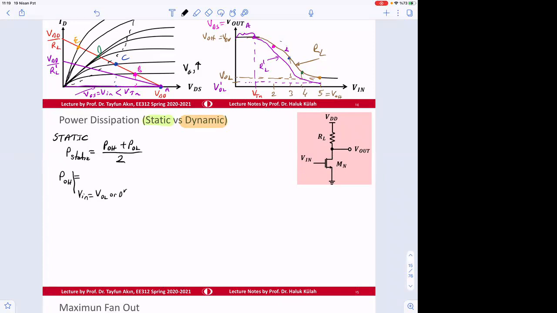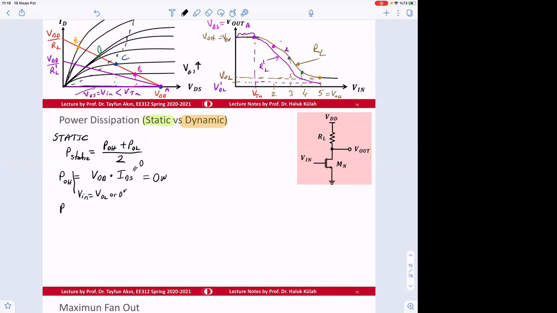Okay, so in both cases, the transistor is off. So power dissipation is calculated from VDD times IDS, and that value of IDS is equal to 0. So therefore, this is going to be 0 watt.